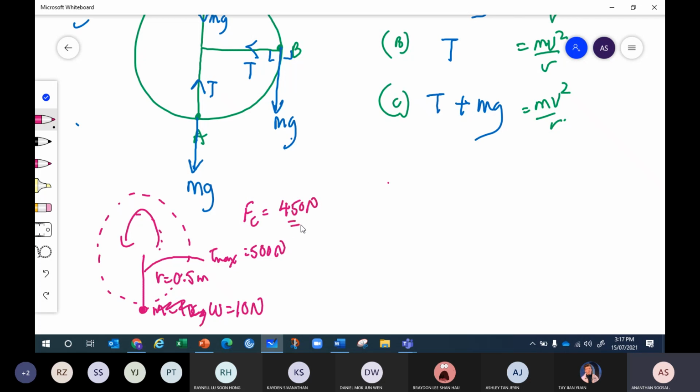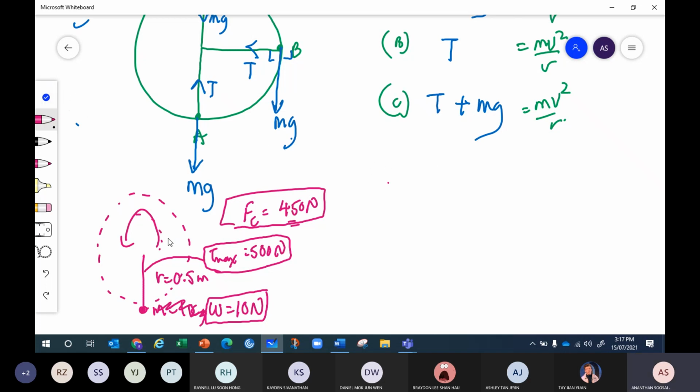So you whirl the system vertically such that the centripetal force reaches 450 Newton, the weight of the object is 10 Newton, and the maximum tension of the string is 500 Newton. That's the maximum tension.